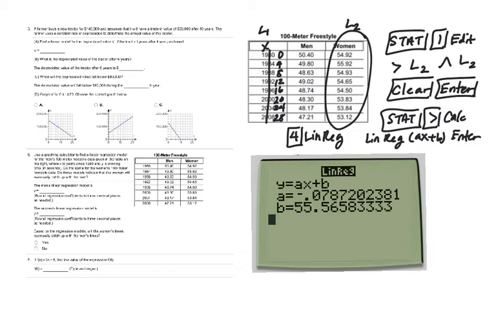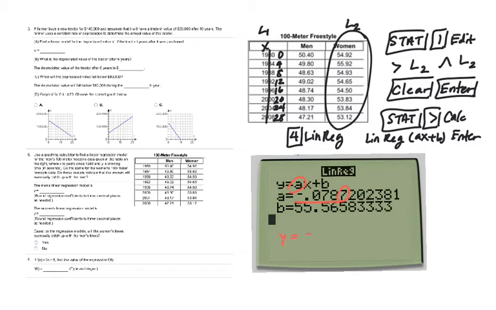And just as before, we want to round the regression coefficients to 3 decimal places. So in this case here, our A is going to be negative 0.0787. Negative 0.079, because this 7 is higher than 5.